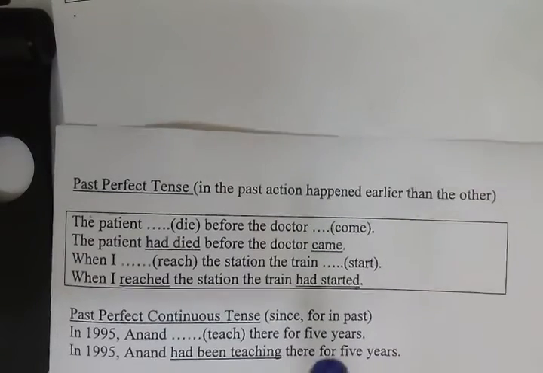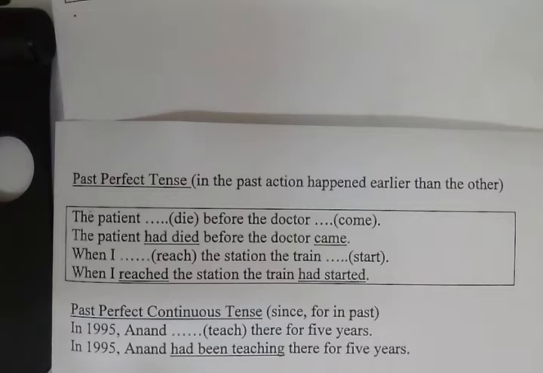Now look at the last variety of the past tense, that is past perfect continuous tense. Here also since or for are used. In present perfect continuous, I told that for is used for an amount of time or quantum of time, you can say, and since is used for a point of time.